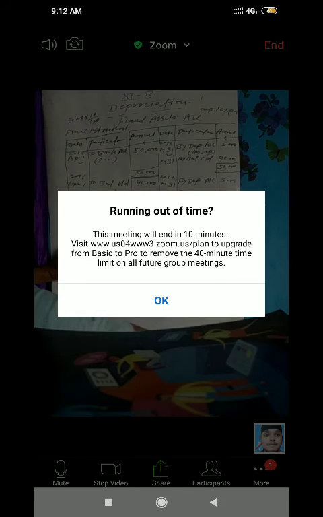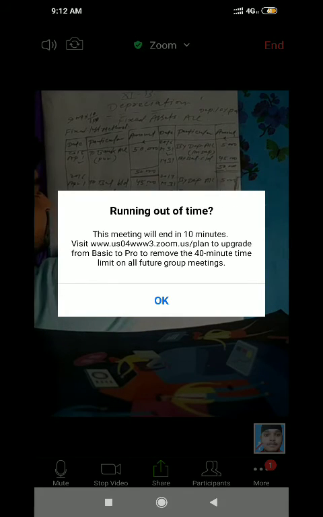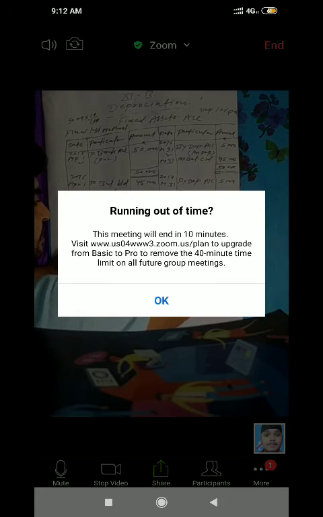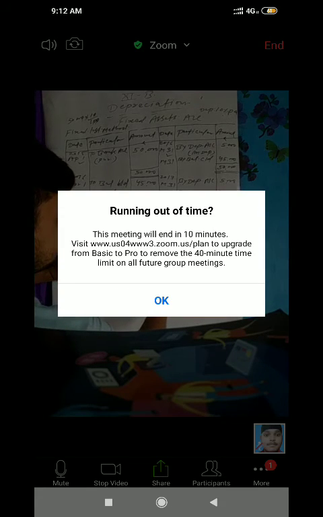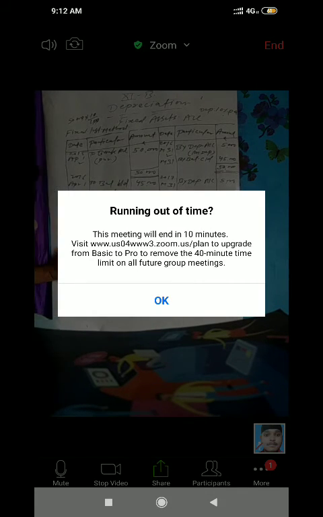How much depreciation? 5,000 plus 5,000 is 10,000, plus 2,500 is 12,500. Now it will be 37,500, which is the cost after the deduction of depreciation.